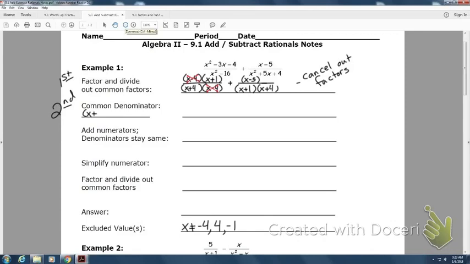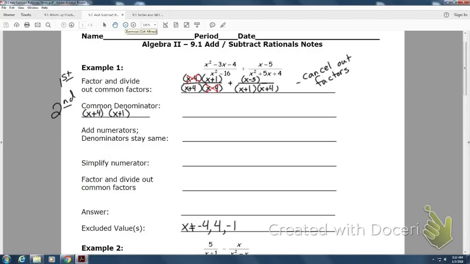But do not repeat. If any of them repeat, do not repeat them. So I've got x plus 4, I've got x plus 1, and then I already got x plus 4 in there. So that's going to be my common denominator.